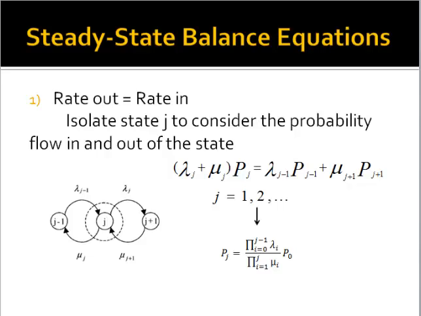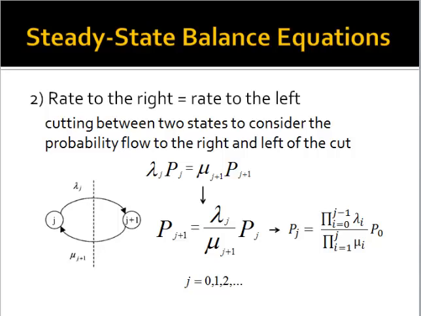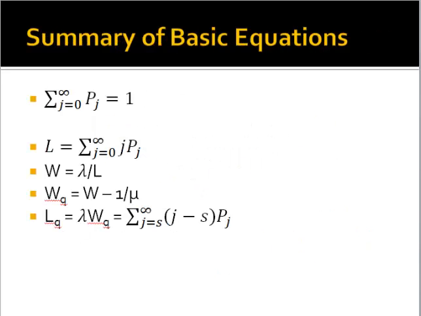The rates out of state j would be mu j and lambda j. We can also look at the space between the states. Here we can set equal the rate to the right and the rate to the left. In this case, lambda j times the probability in state j equals mu j plus 1 times the probability in state j plus 1. This also results in the same steady state balance equations.